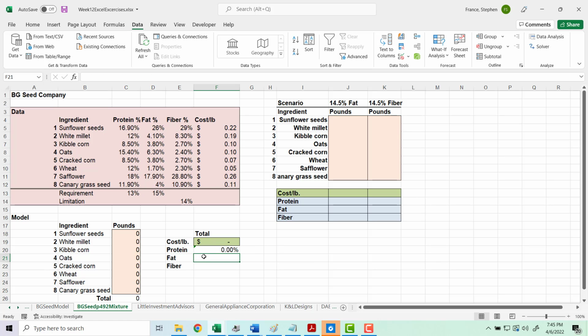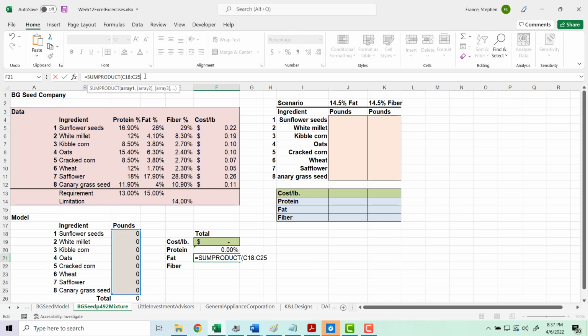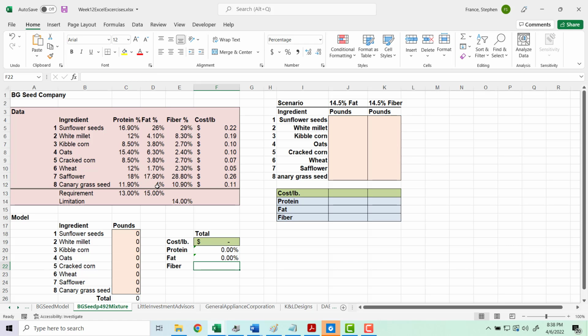And then, of course, we're just going to follow for the fat and the fiber. Okay, so we've got the sum product here, and we have fat, and then select again, and fiber.